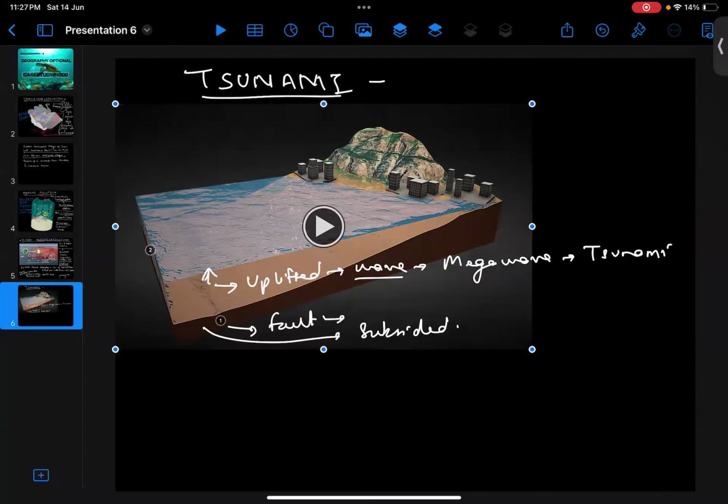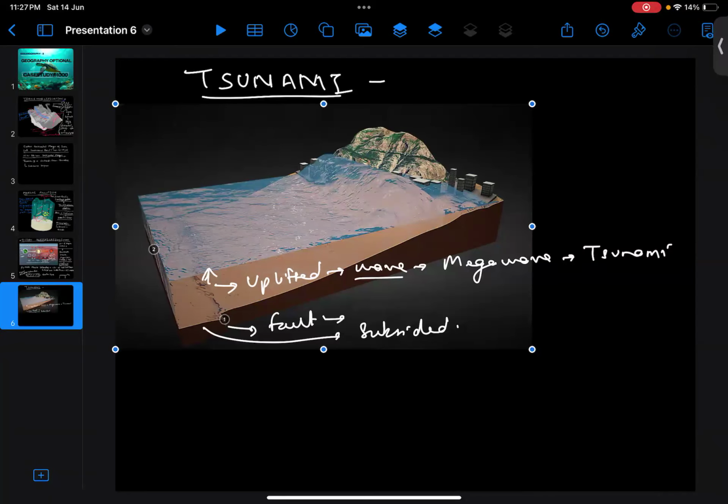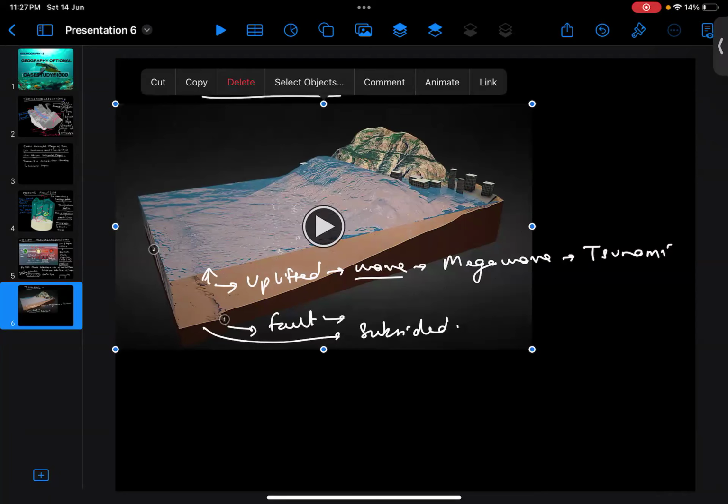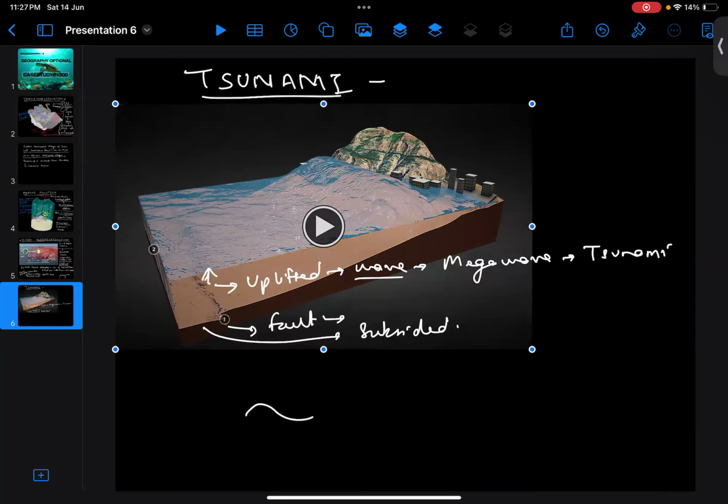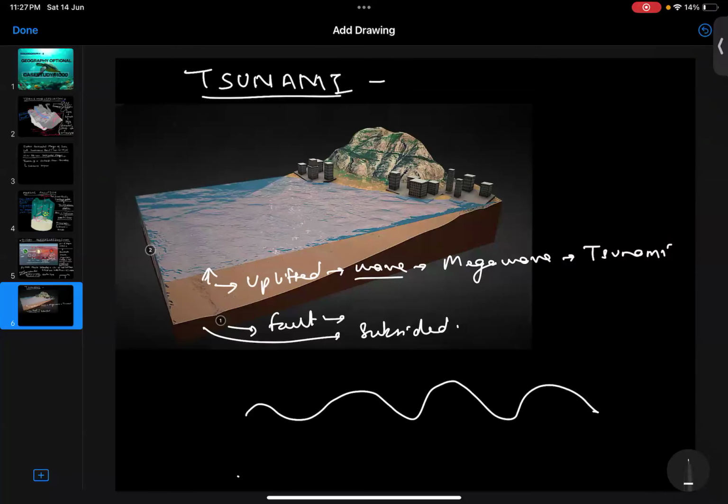Again, we can see this video here. Now, as the tsunami wave is propagating through the oceanic region, we see that this wave is getting higher.